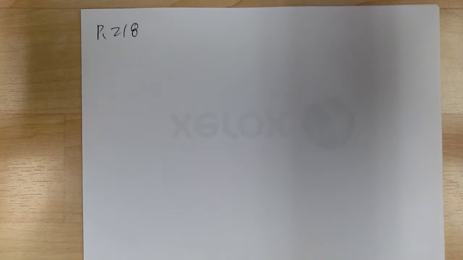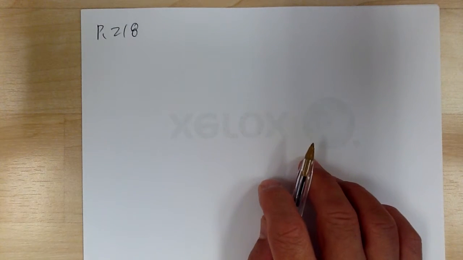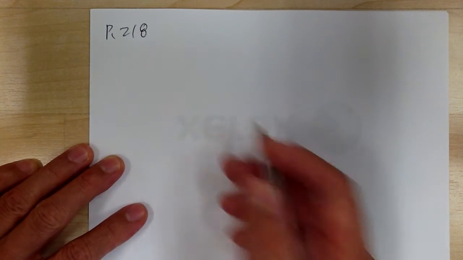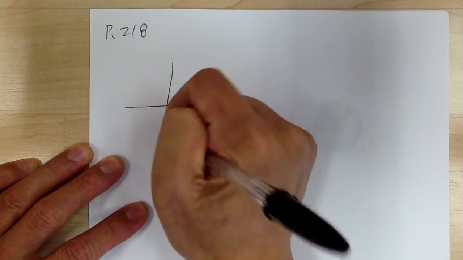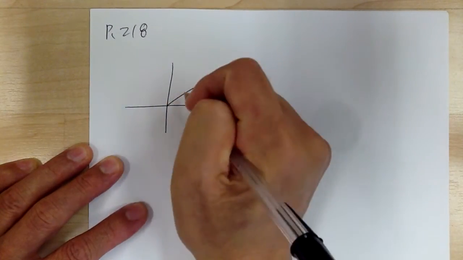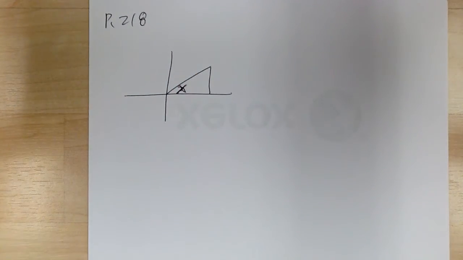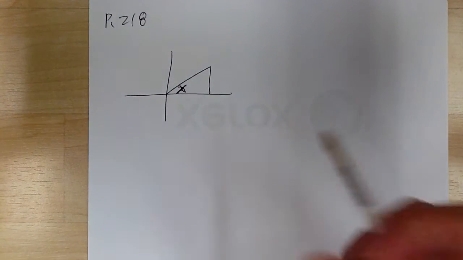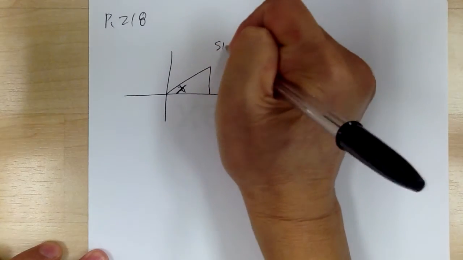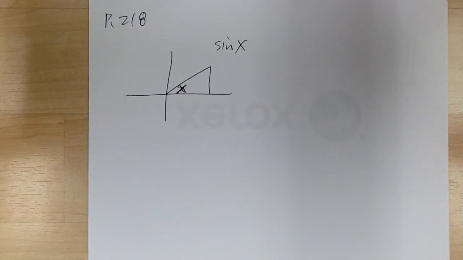So let's go over the identity for negatives. Why is it so? So think about this. Remember, we're using x as an angle now. So here's your x. Now, if you notice, the sine of x is right over here.